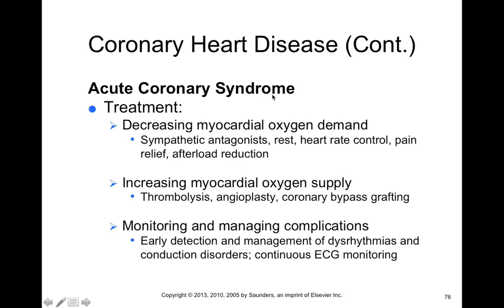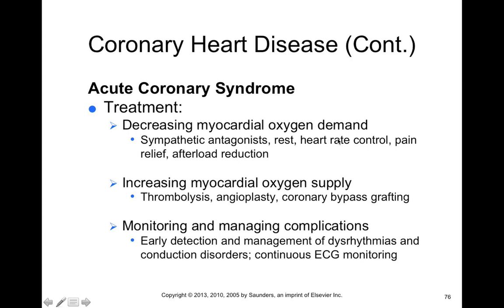In terms of the treatment for acute coronary syndrome, ultimately what we want to do is decrease the myocardial oxygen demand. If we can get the heart to work less strongly, then we can help that surviving tissue last longer. This is achieved through sympathetic antagonists to slow your heart rate down or prevent overcontraction of heart muscle.